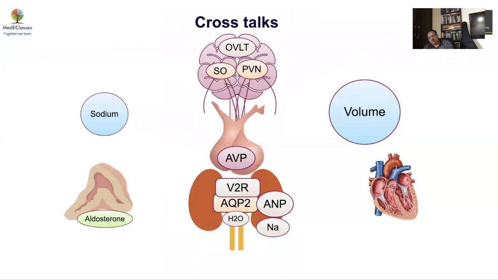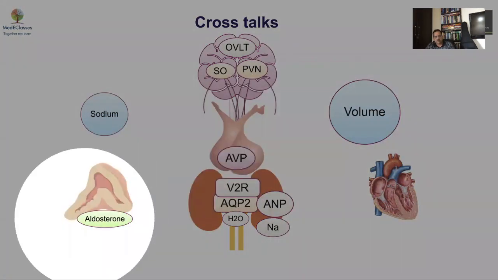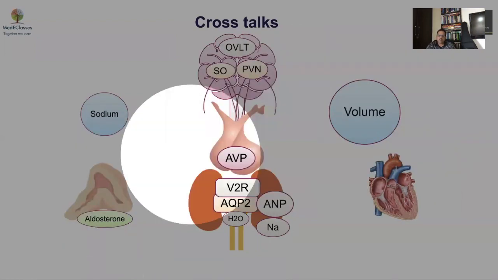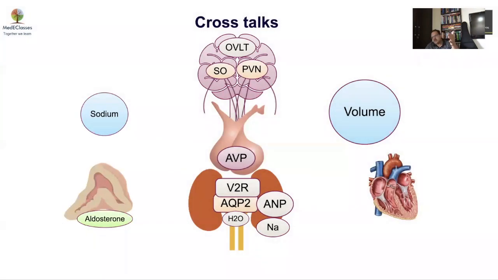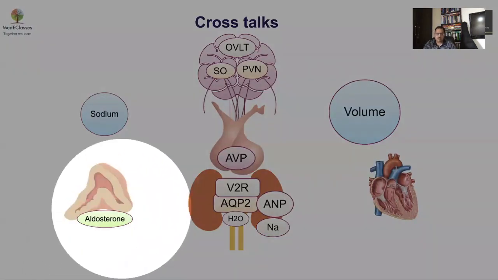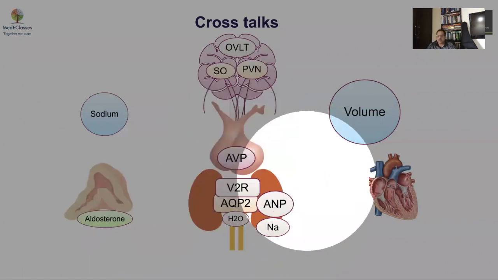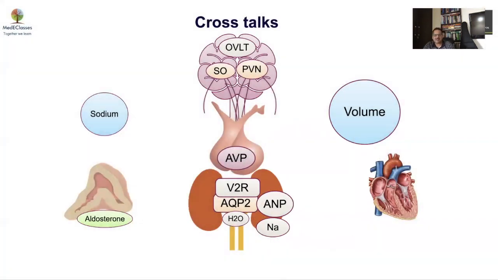So there is a close interaction between aldosterone, AVP, and ANP. AVP and aldosterone increase volume, and they will also act in terms of sodium. Aldosterone will mainly cause a sodium effect, AVP will mainly cause a fluid effect, and ANP will cause sodium loss if it's excessive in this situation.